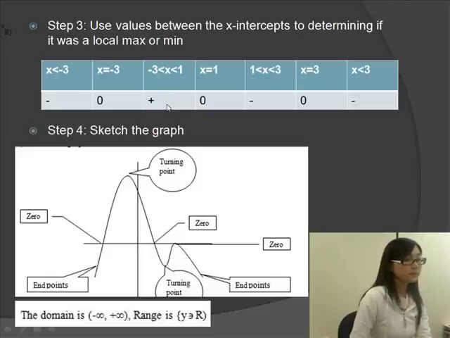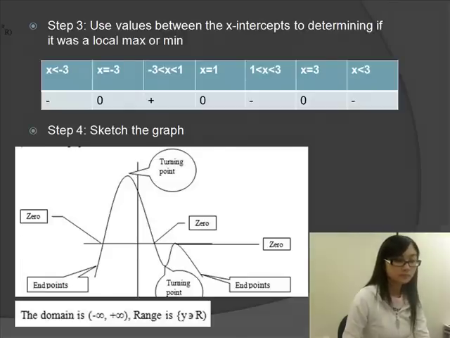When the graph is in between negative 3 and 1, it has a positive value. When x equals 1, it's 0. When x is between 1 and 3, the graph is negative. When x is equal to 3, y equals 0. When x is bigger than 3, y would be negative.